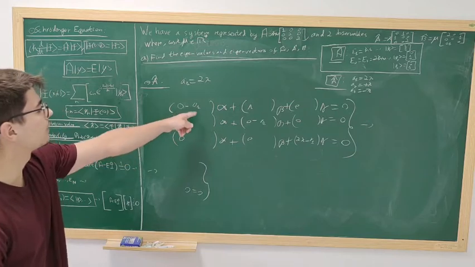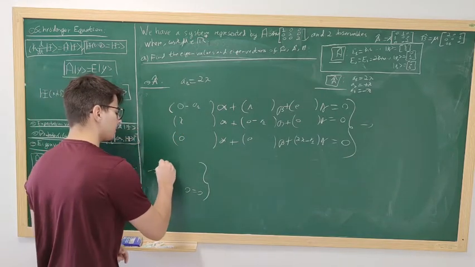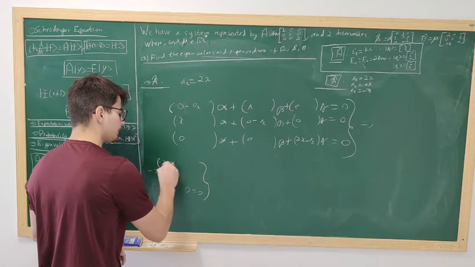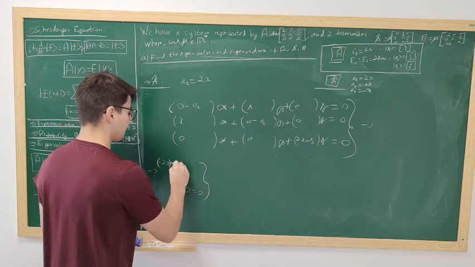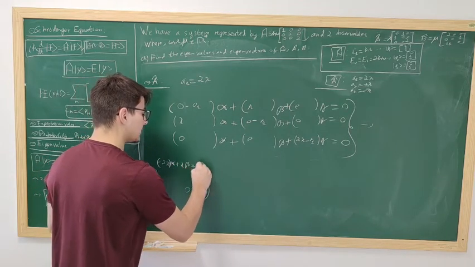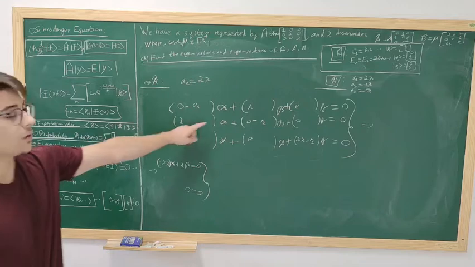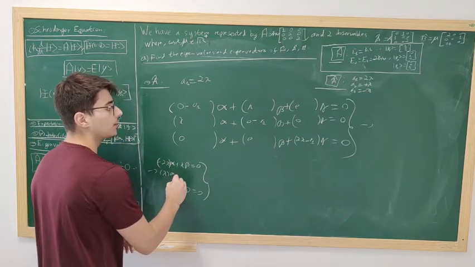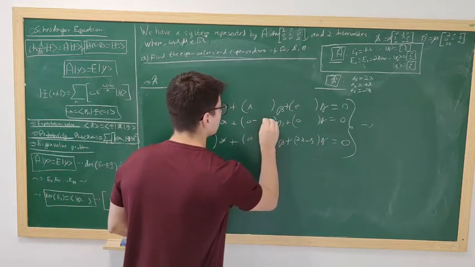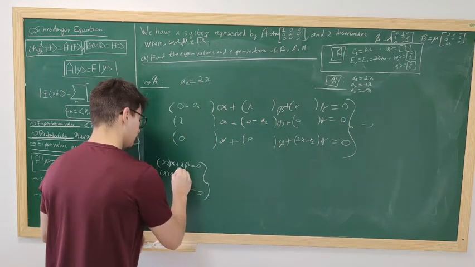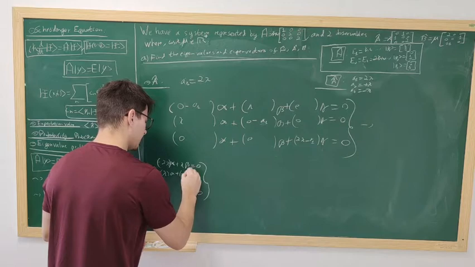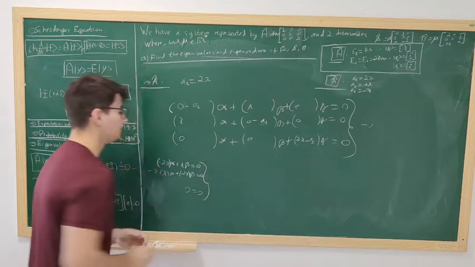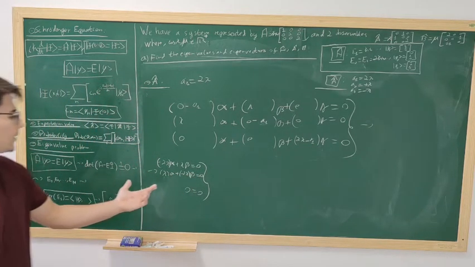In the first one we have minus 2 lambda alpha plus lambda beta, and this is 0. On the second equation we have lambda alpha minus 2 lambda beta.